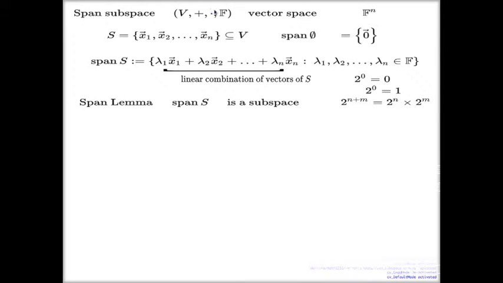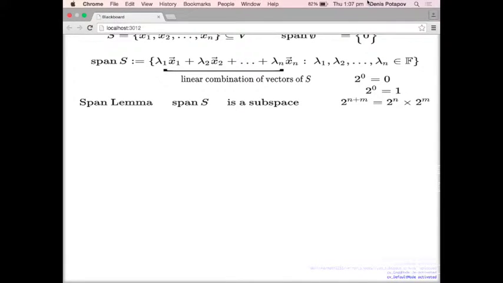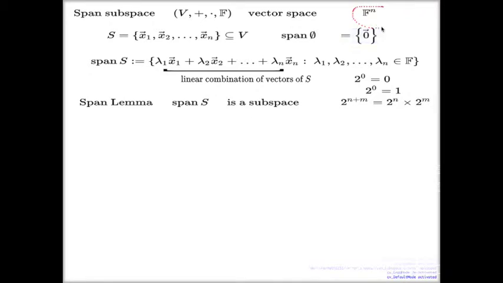Look at this, because the span construct starts with any vector space, not specifically this vector space. However, most of the time you will look at the span subspace within the context of this particular vector space, n-tuples of numbers, rational numbers, real numbers, or complex numbers, depending on your choice for F.